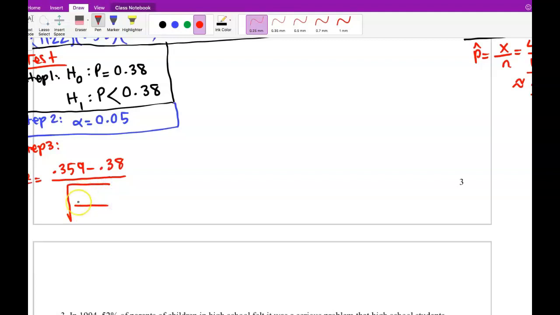And n is 1122, so p is 38%, q is 62%. Then rounding that, the answer is negative 1.45. Okay, so this is our z-score.